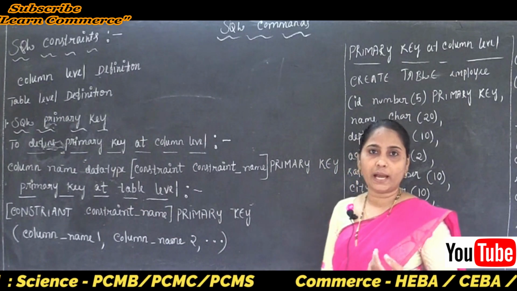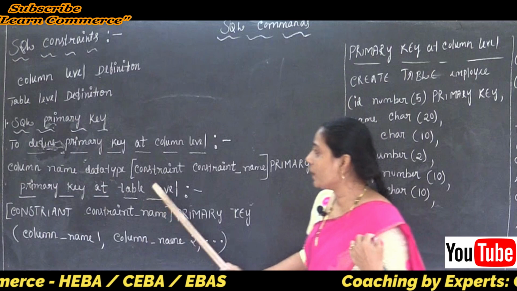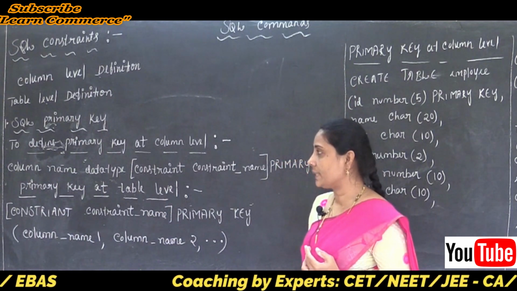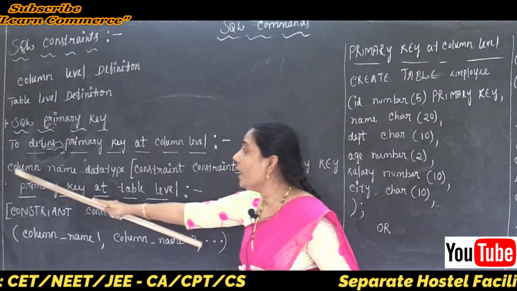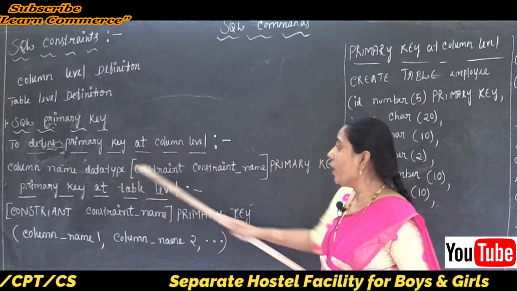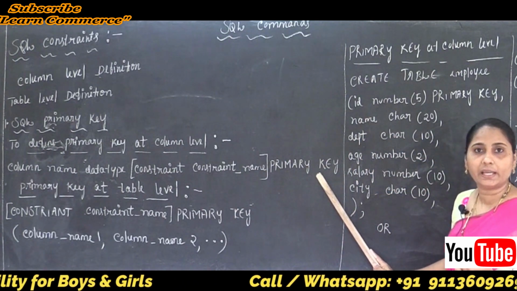Such syntax applies only to one column of a table. So how do we use this syntax? The syntax is column name, data type, constraint underscore name, and primary key. Is this point clear?